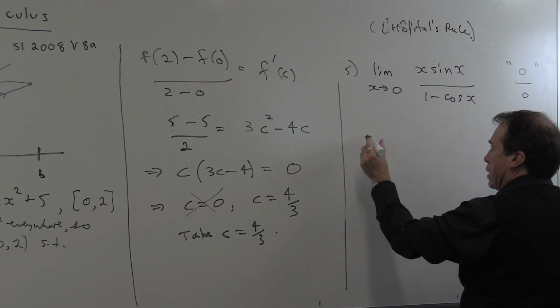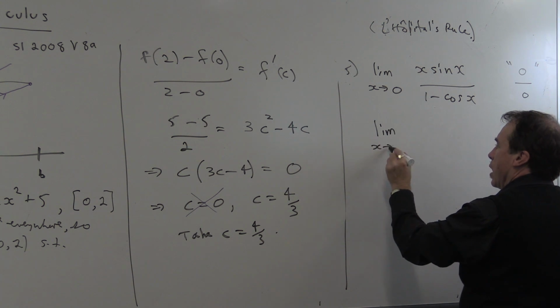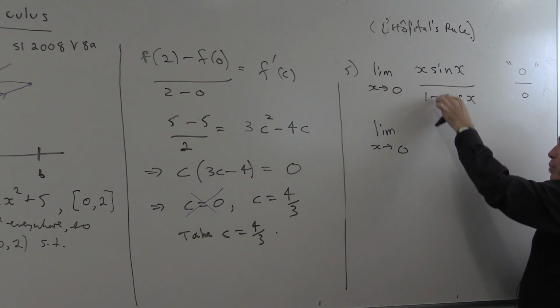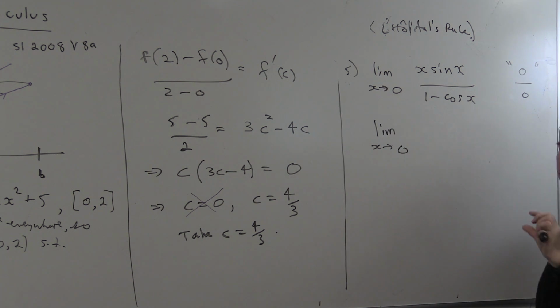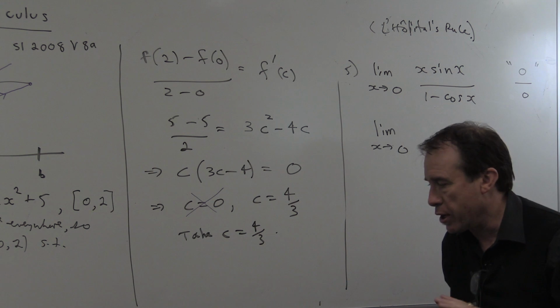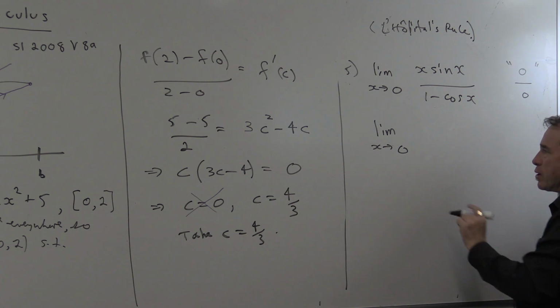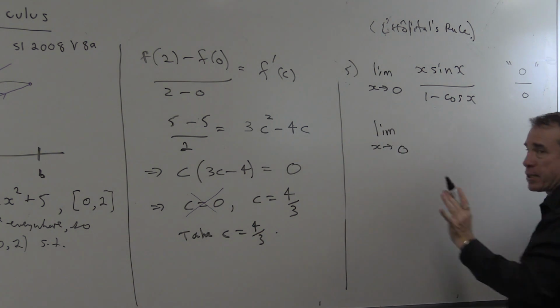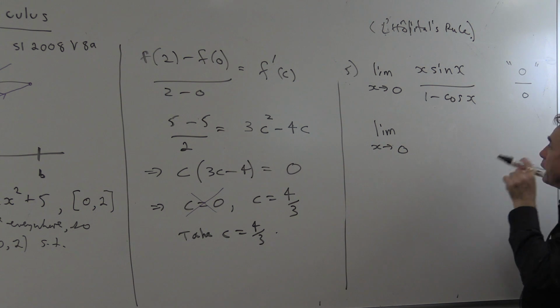I can't write an equal sign at this stage because the second condition is that when I take the derivative of the top and the bottom separately, this will only be equal to that if that limit exists. And at the moment I don't know it does, so I'm always very strict with myself with this. I don't put the equal sign yet. I will at the end, but not until I check everything works properly.